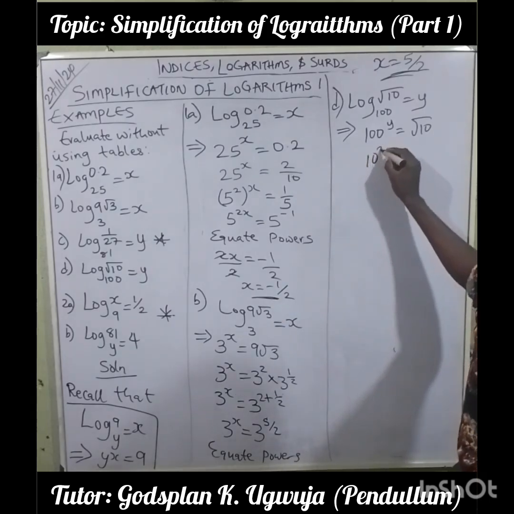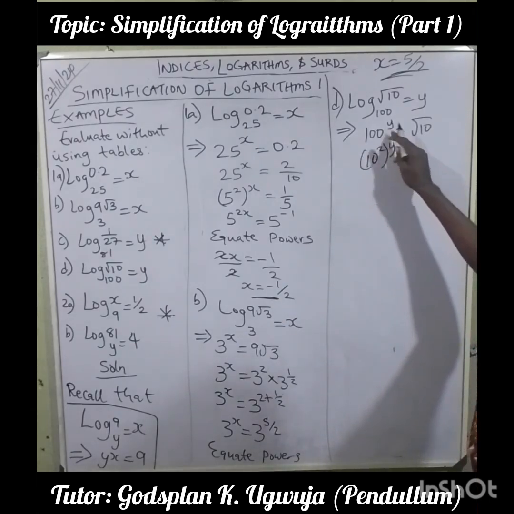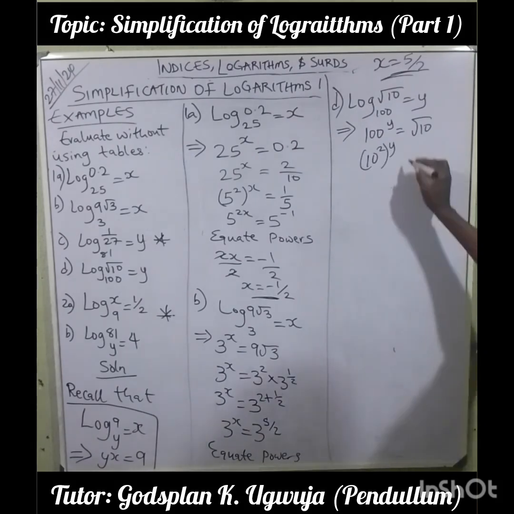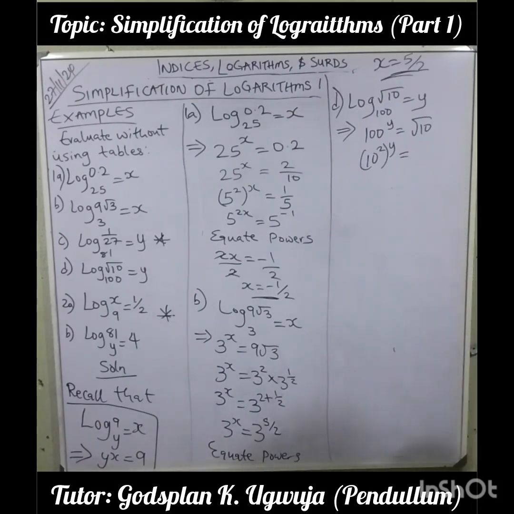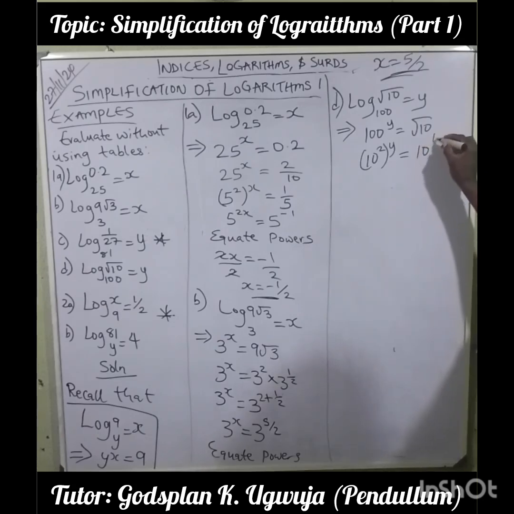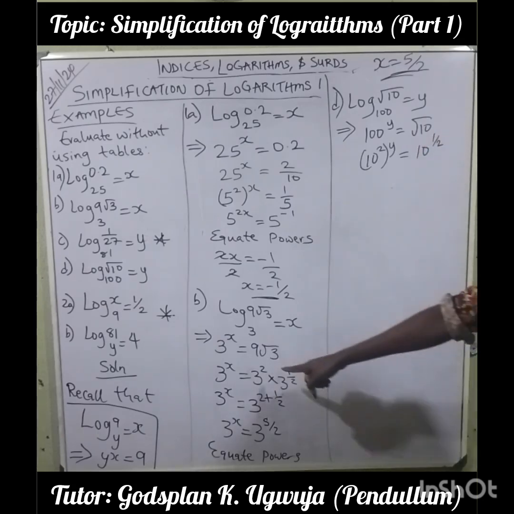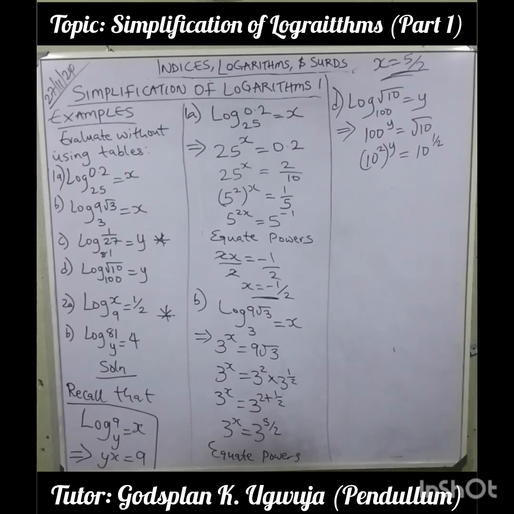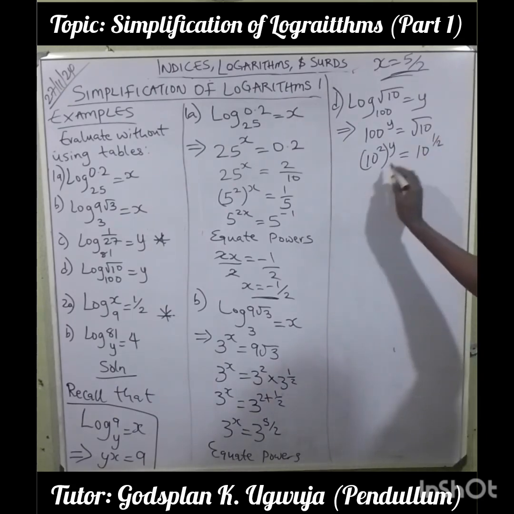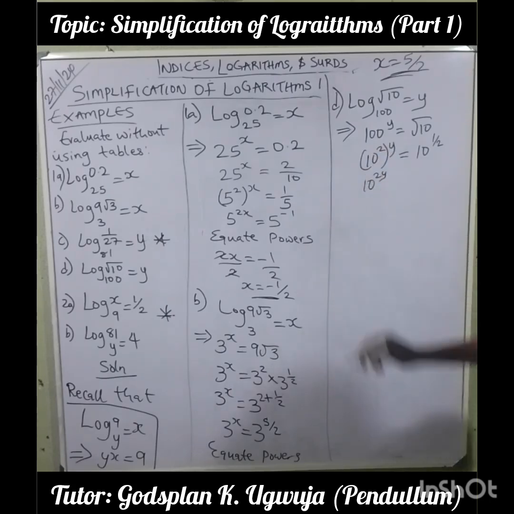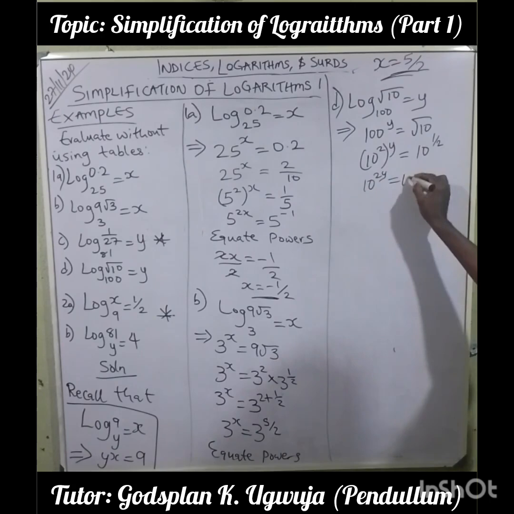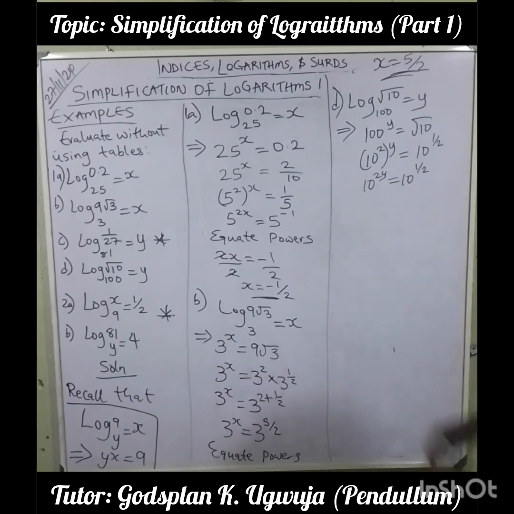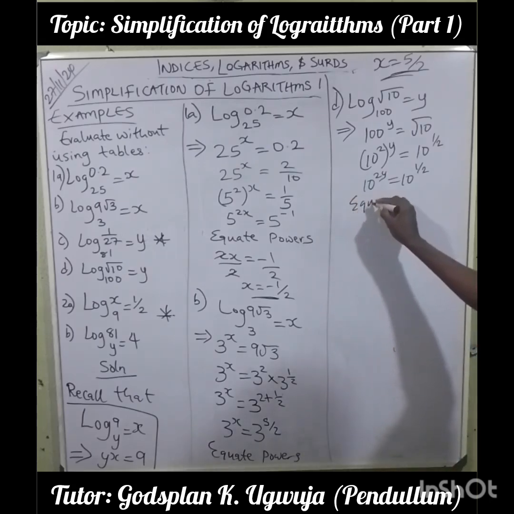So this will be 10 squared, then raised to power y that is already here. And then root 10 is the same thing as 10 raised to power half. Just like we did here. Square root is 1 over 2. Now if I open here, 2 times y, this is 10 raised to power 2y, is equal to 10 raised to power half. And then basically, I will equate their powers.